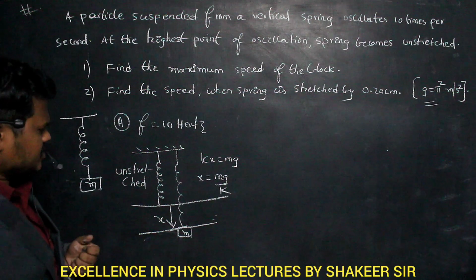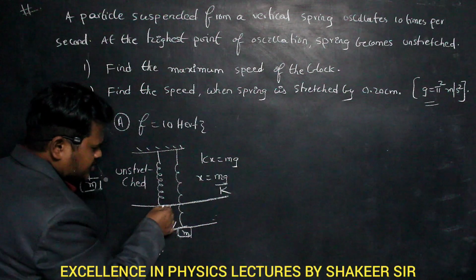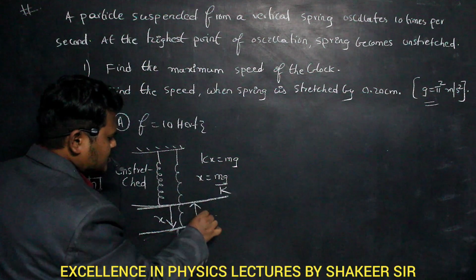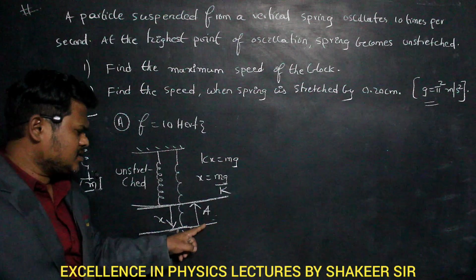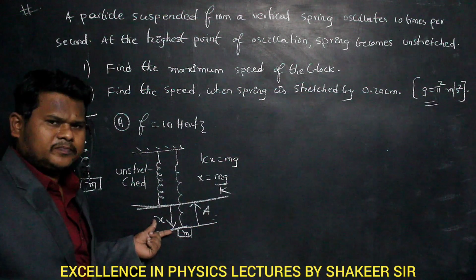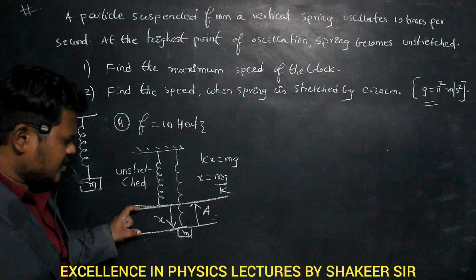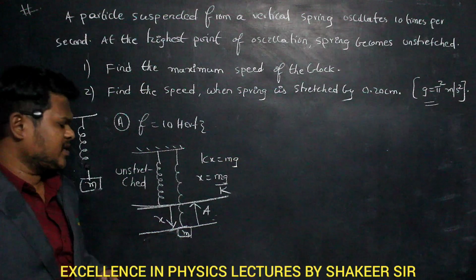So what is the highest point of oscillation here? The spring becomes unstretched at this position. He gave that this is the highest point of oscillation, or the amplitude of the spring is A. And this distance is nothing but x only. Indirectly he gave that the body is oscillating with the same amplitude as the elongation produced previously.